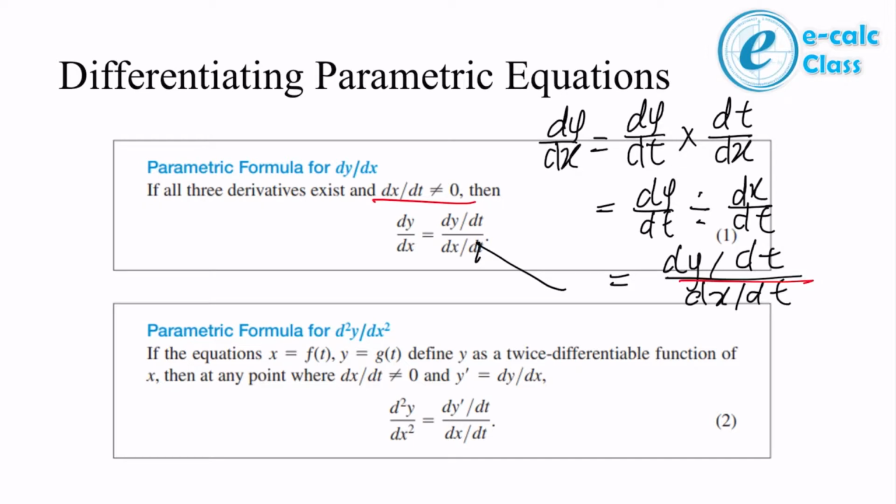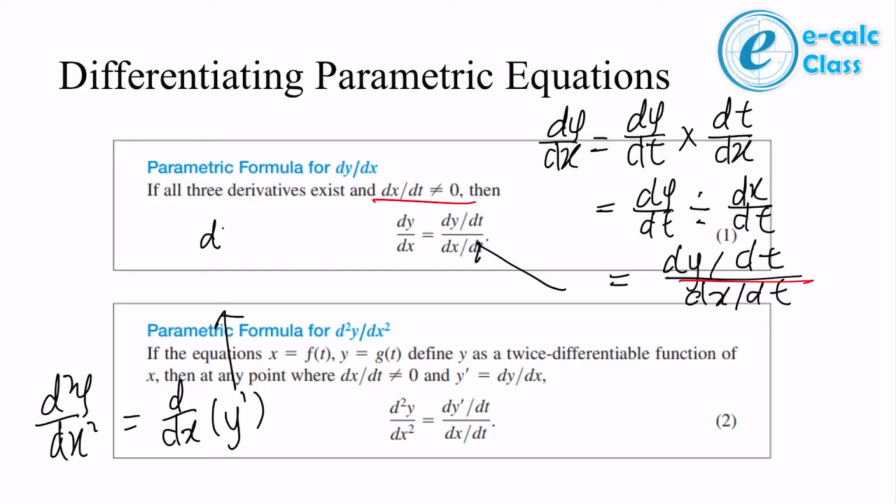Then what about higher derivatives? When you are talking about d²y/dx², even without parametric or whatever, you know that you differentiate your y prime, and your y prime is actually your dy/dx, am I right?